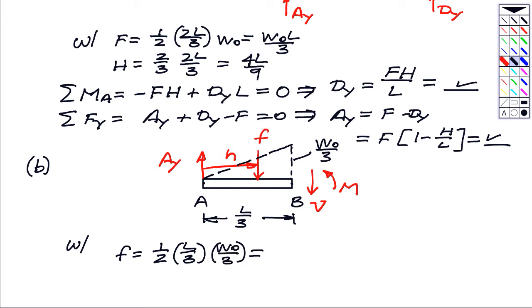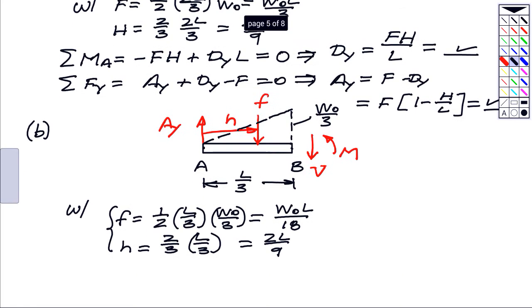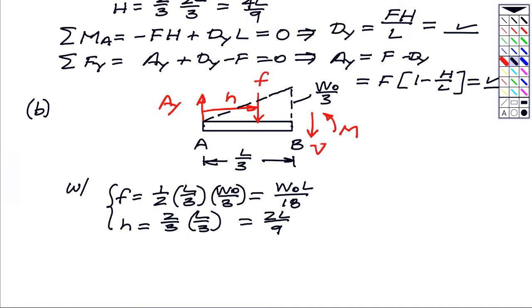So that gives us a resultant force of W naught L divided by 18. The location of that, distance h, is going to be 2/3 of the total width of that load, which is L over 3. So that distance is equal to 2/9 of L.